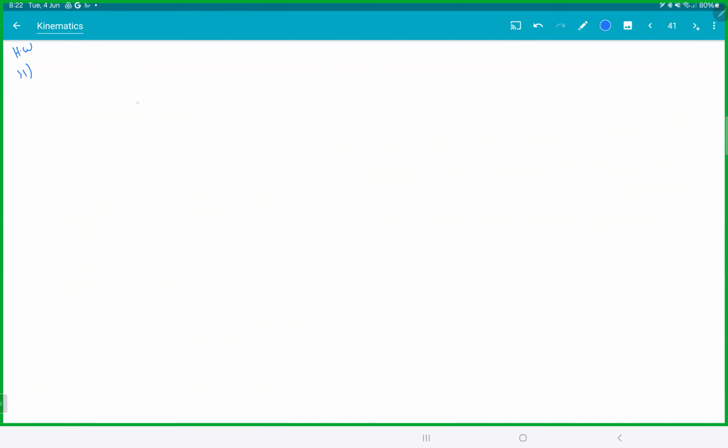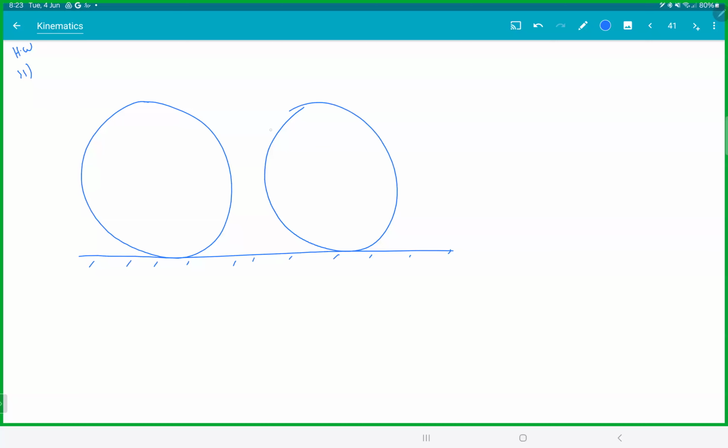We have done this before. So we have a wheel here, and a point A here. Initially it is like this. When the wheel starts rotating, the point A goes something like this. Point A does not go in a straight line, it will go in some weird path.